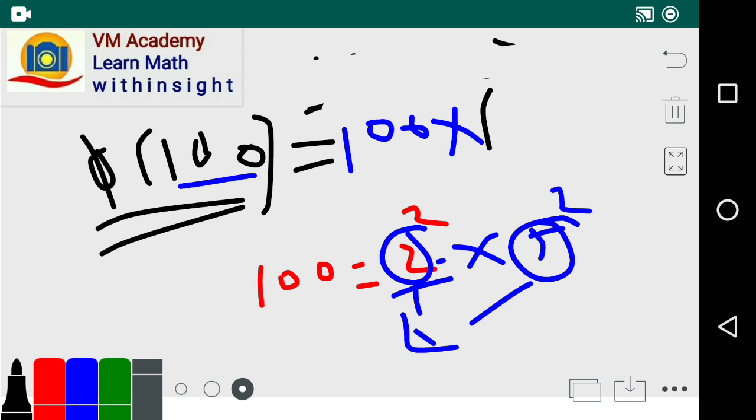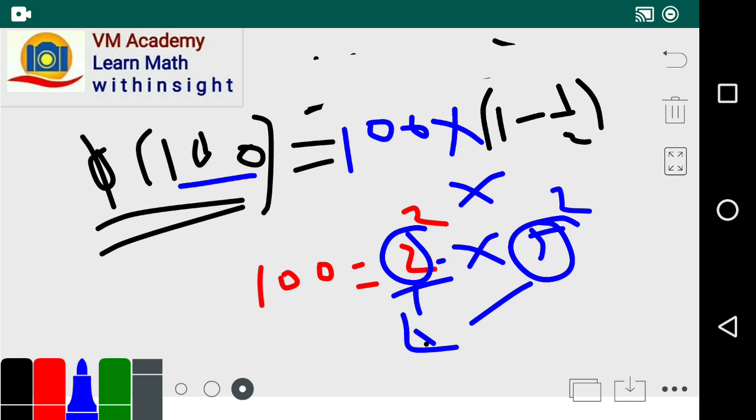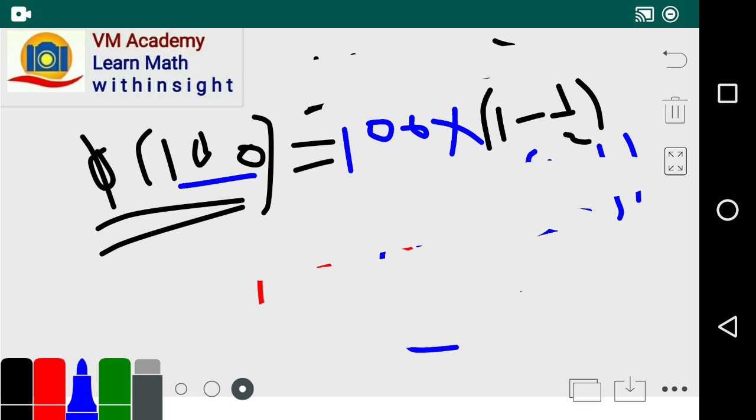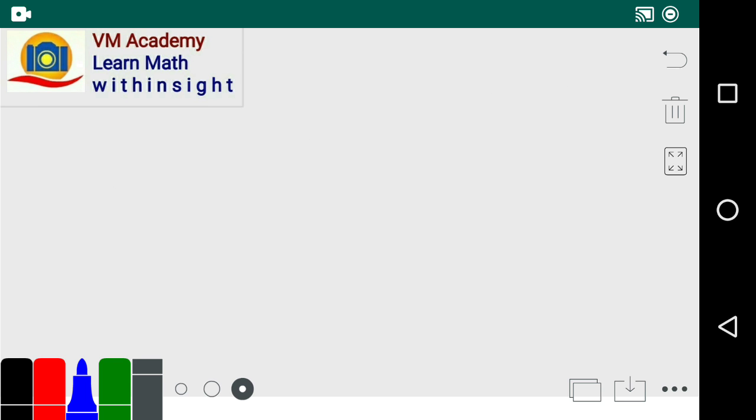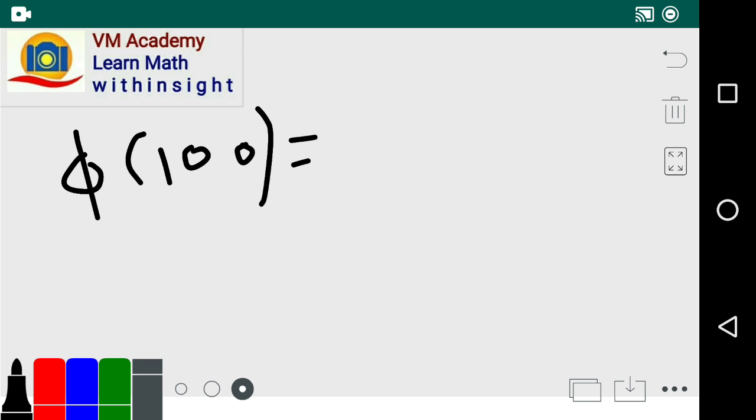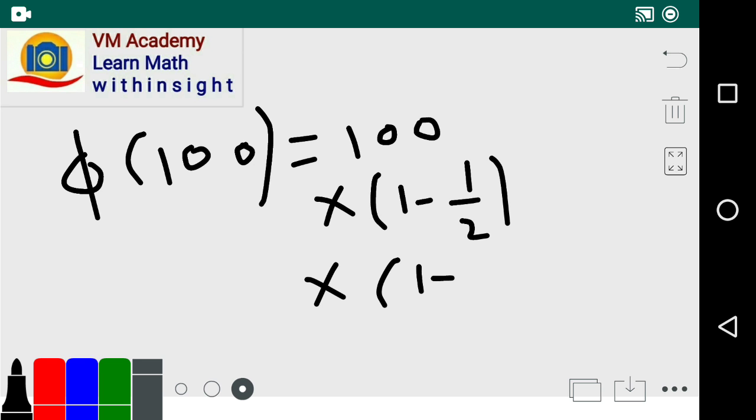So friends, we write 1 minus 1 by 2 into, and for 5 we write 1 minus 1 by 5, and in this manner we get phi of 100 as 100 into 1 minus 1 by 2 into 1 minus 1 by 5.